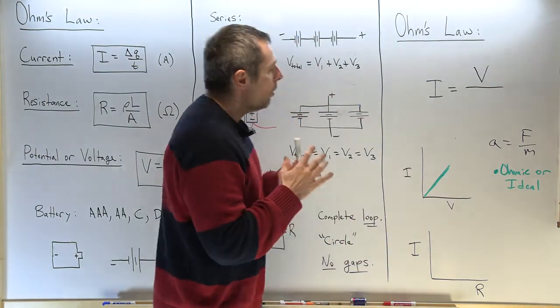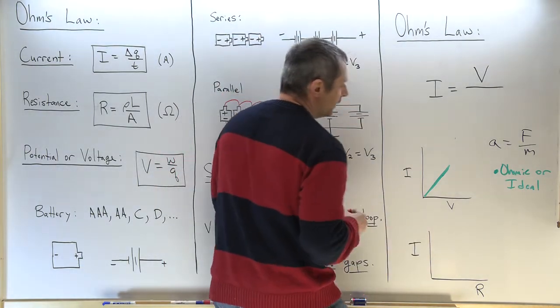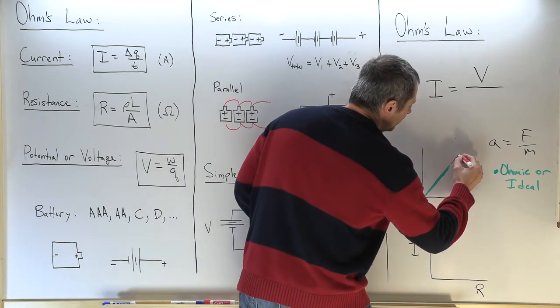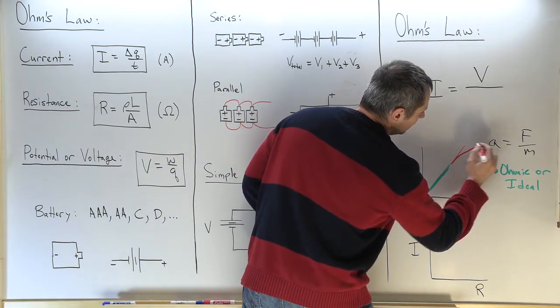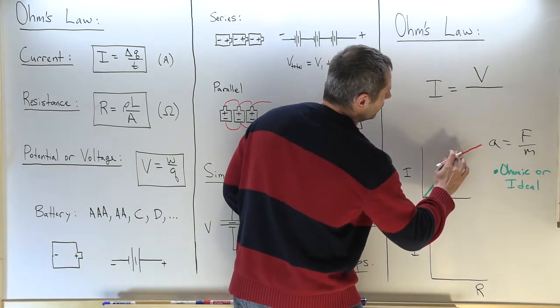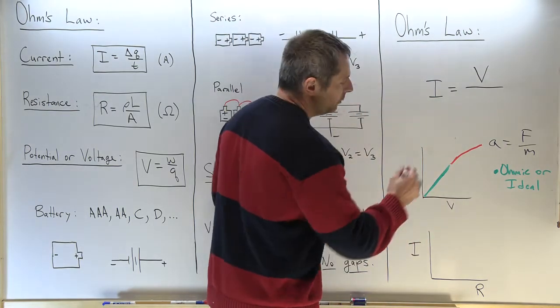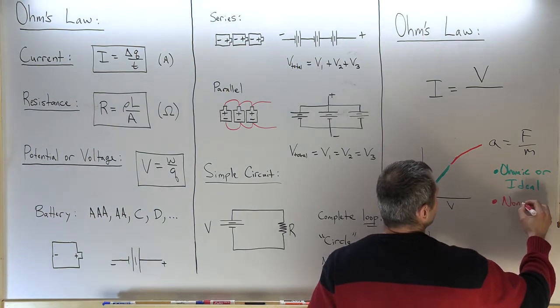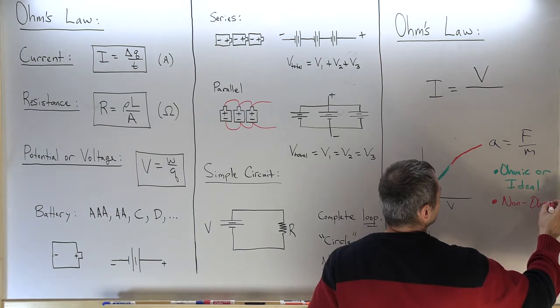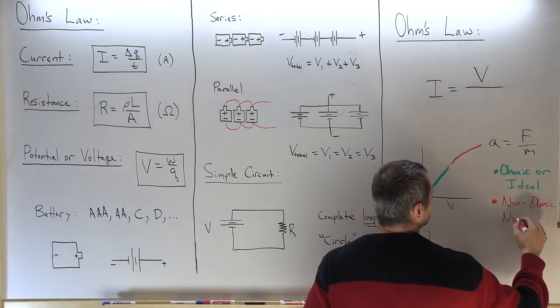And so with more resistance, the pattern doesn't continue like this. It actually means you start getting less and less current like this. So it starts to curve. And this pattern at the curve is called non-ideal or non-ohmic.